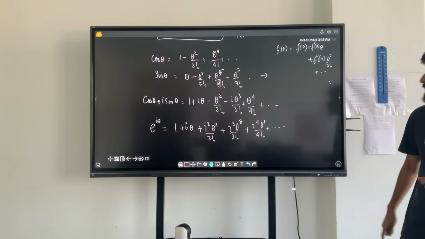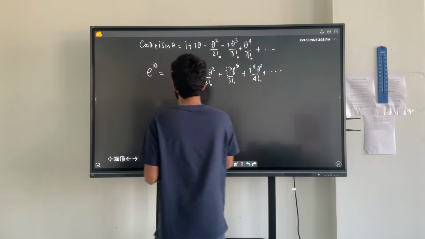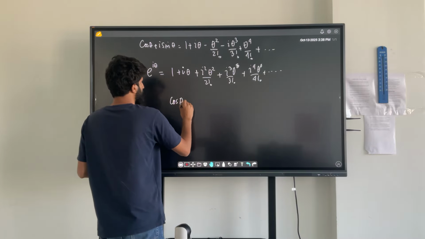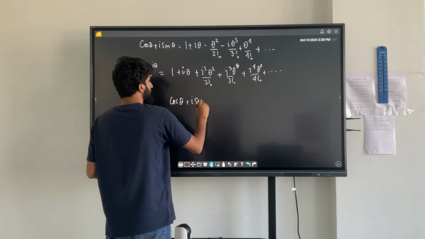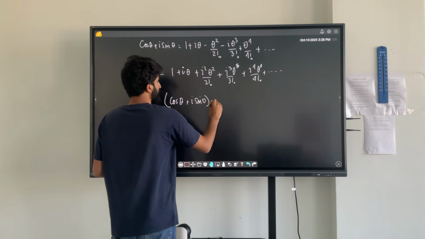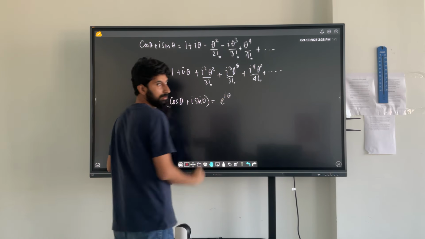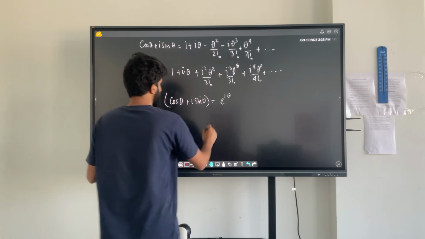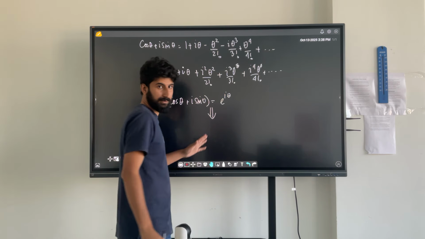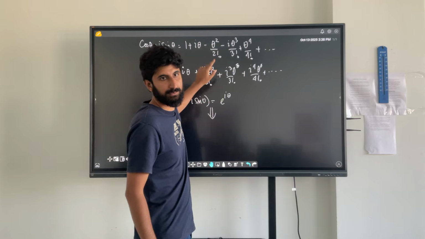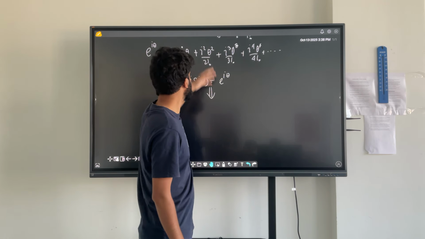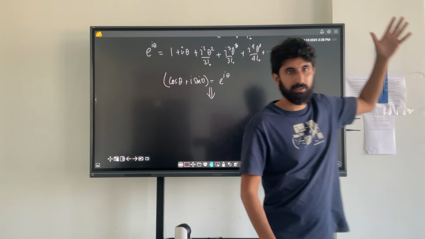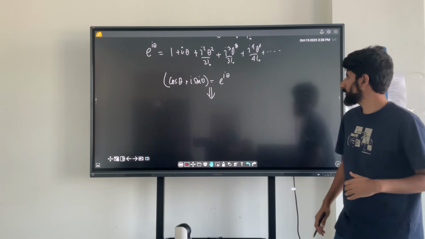This simple construct gives you this beautiful equation: cos theta plus i sin theta is e power i theta. Now see, this has another consequence. This stems from iota square being -1. Obviously, we use Taylor series to prove it, but that may not be the only way. There might be others.